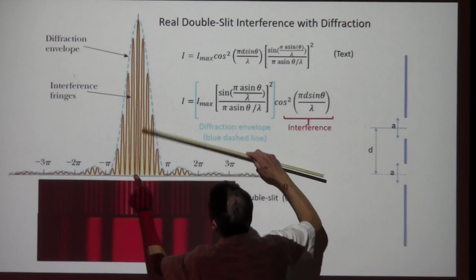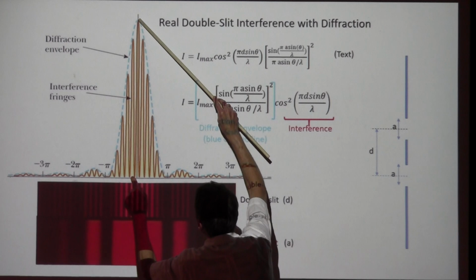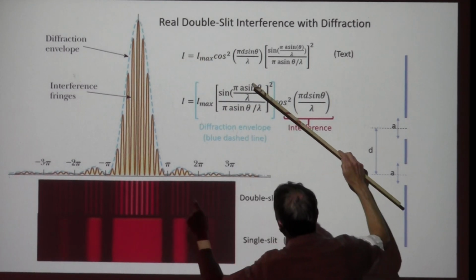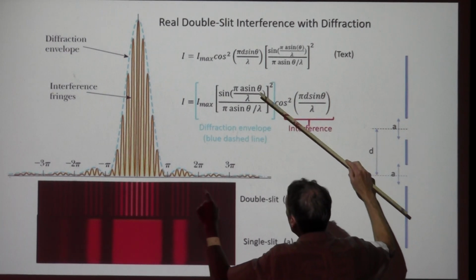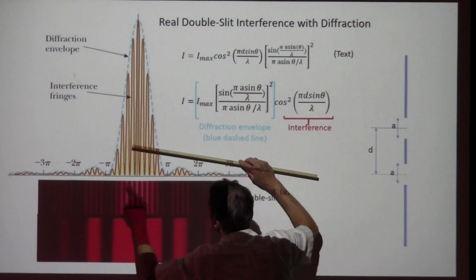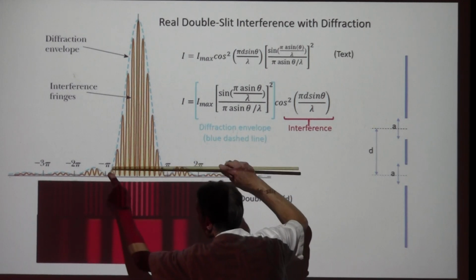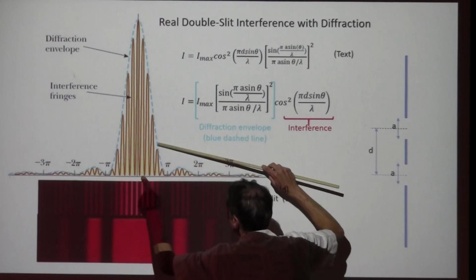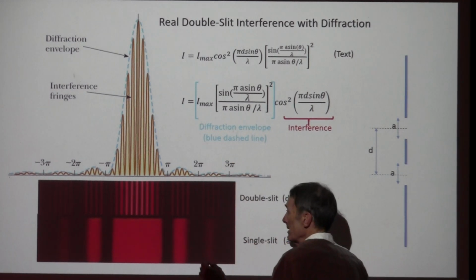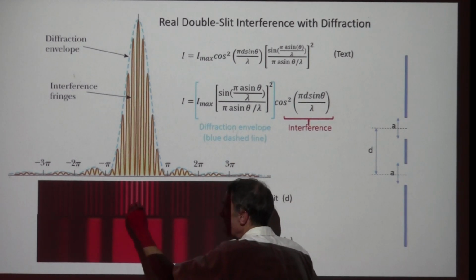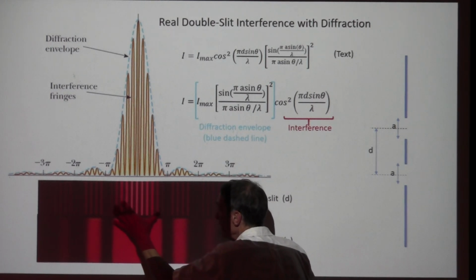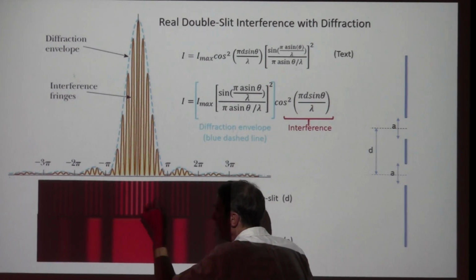I max would represent the very largest maximum amplitude. That would be the central max. And then its brightness is modulated by this diffraction term, or this diffraction envelope. Think about this. As far as the light coming through, it comes through the 2 slits, and they will interfere.